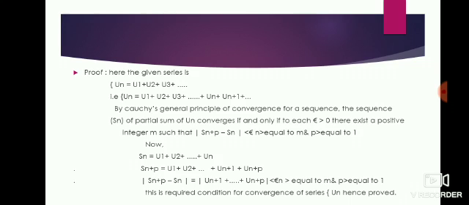By Cauchy's general principle of convergence for a sequence, the sequence Sn of partial sums of summation of un converges if and only if for each epsilon greater than 0 there exists a positive integer m such that mod of Sn plus p minus Sn is less than epsilon for every n greater than or equal to m and p greater than or equal to 1. Now Sn equal to u1 plus u2 plus up to un.